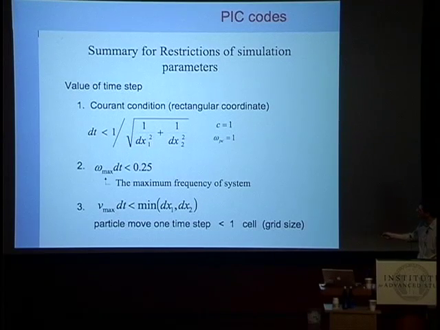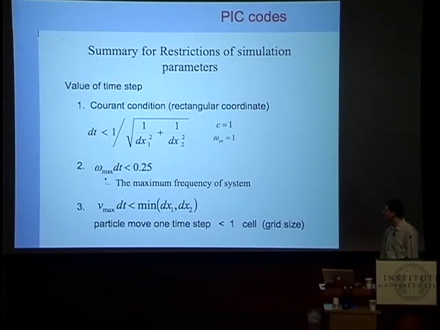So basically, if this is a two-dimensional simulation, then this is the delta x in one direction, this is delta x in the second direction, and what this is saying is that this is a diagonal on the grid. So the time step has to be smaller than the light propagation through a grid.